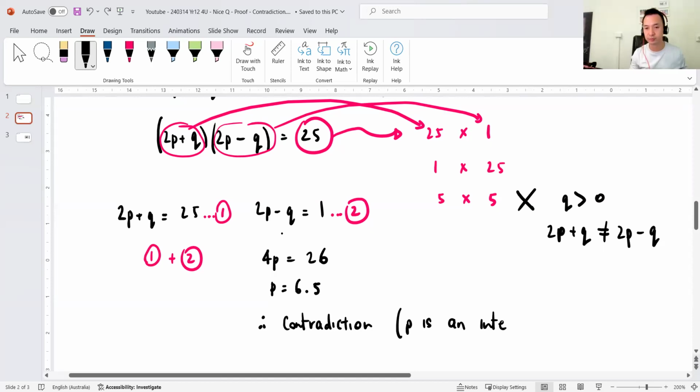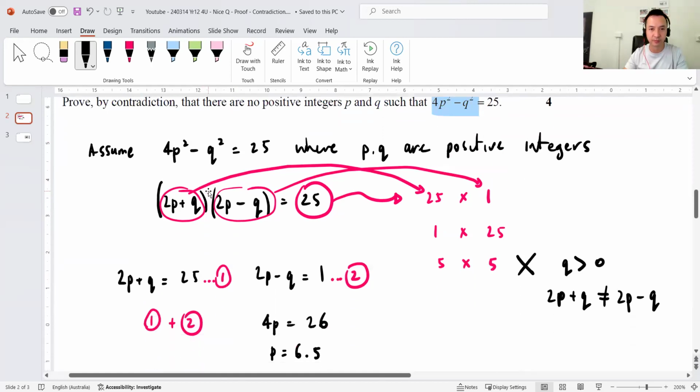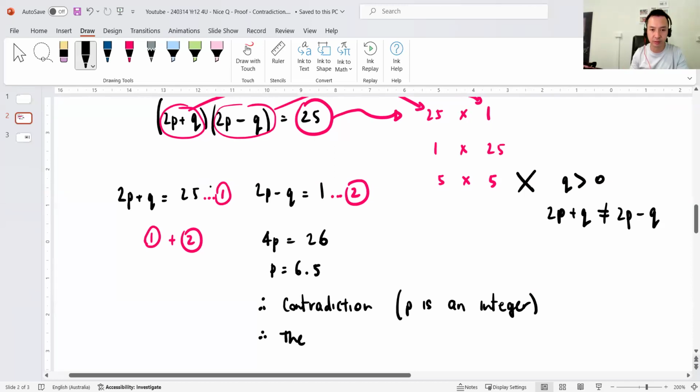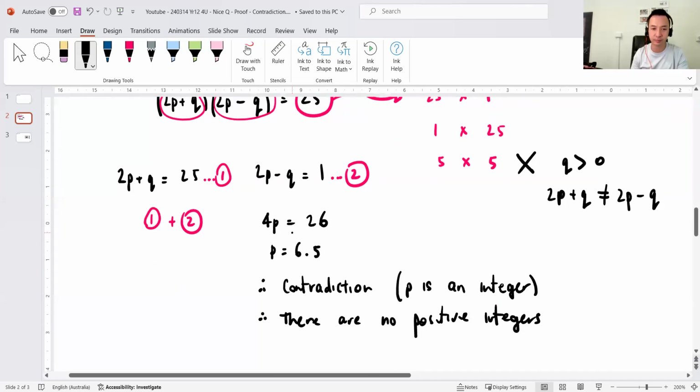Therefore, I'll write up the real thing: there are no positive integers p and q such that 4p squared minus q squared equals 25.